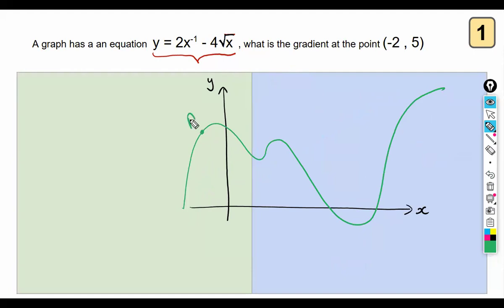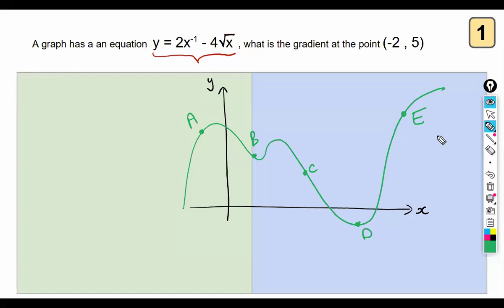I'm going to put some points here, A, B, C, D, and E. If we were to measure the gradient at A, B, and C, we are going to get different values for the gradient. The gradient at A is going to be different to the gradient at C. And the same thing goes for B and E.